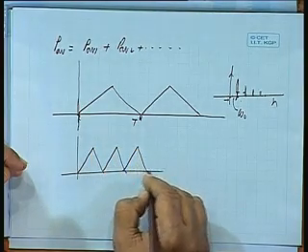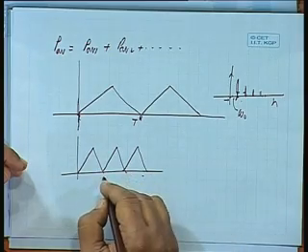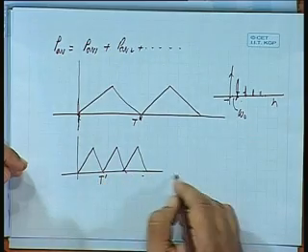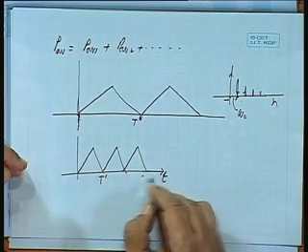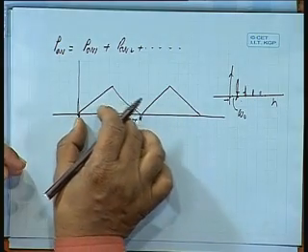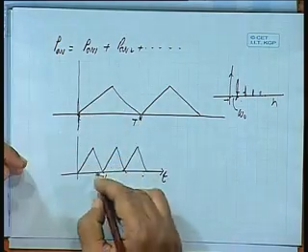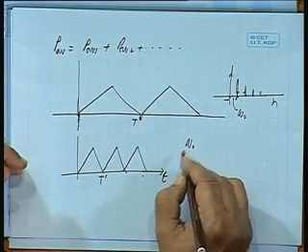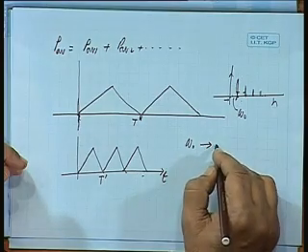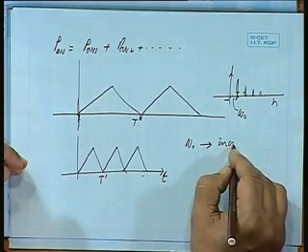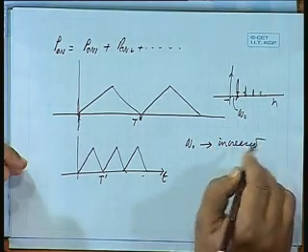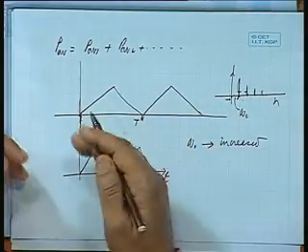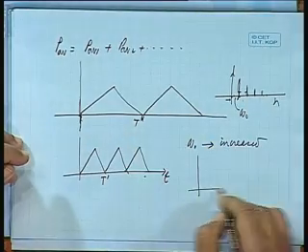Now, suppose this T magnitude is reduced, this period is reduced, that means the corresponding frequency has been increased.